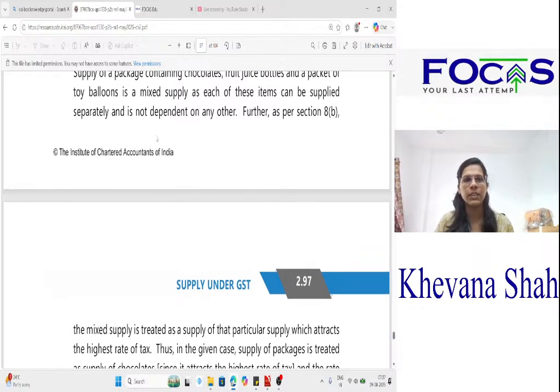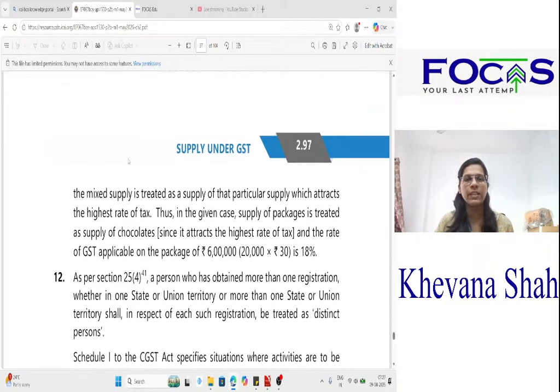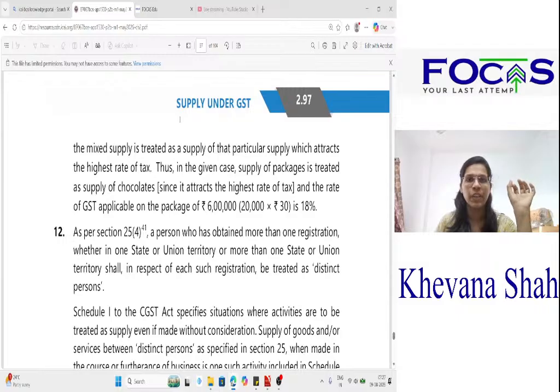Further, as per section 8(b), the mixed supply is treated as a supply of that particular supply which attracts the highest rate of tax. Thus, in the given case, supply of packages is treated as supply of chocolates since it attracts the highest rate of tax, and the rate of GST applicable on the package of 6 lakh rupees is 18%.